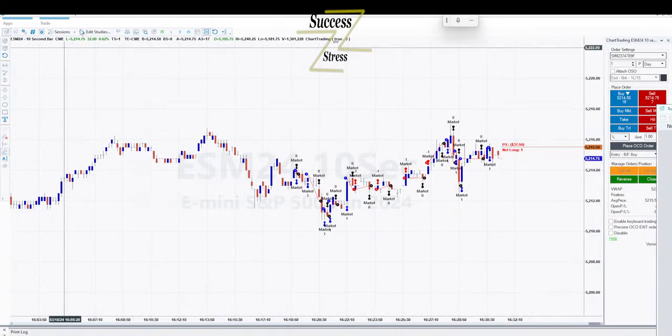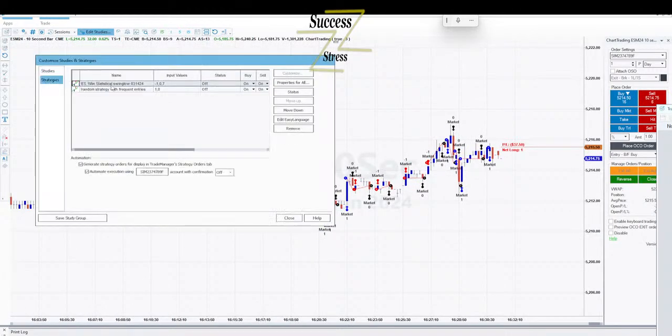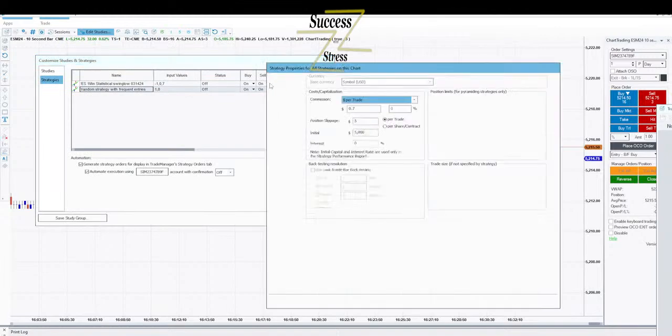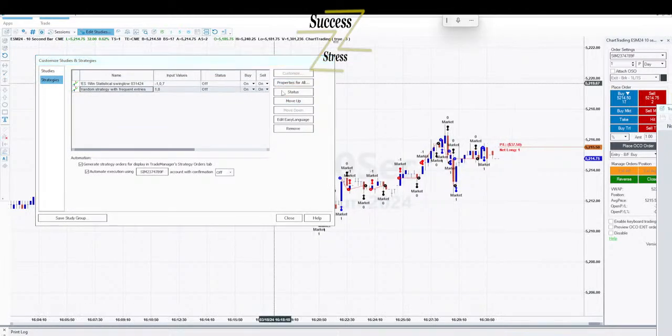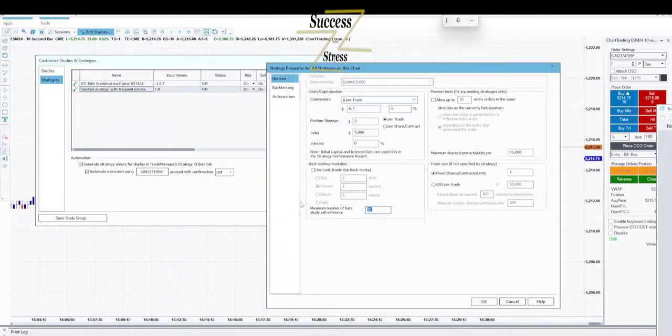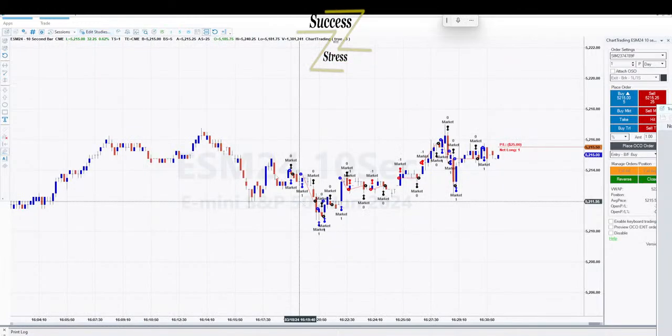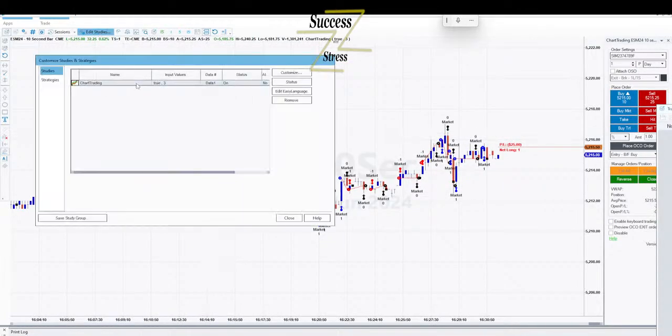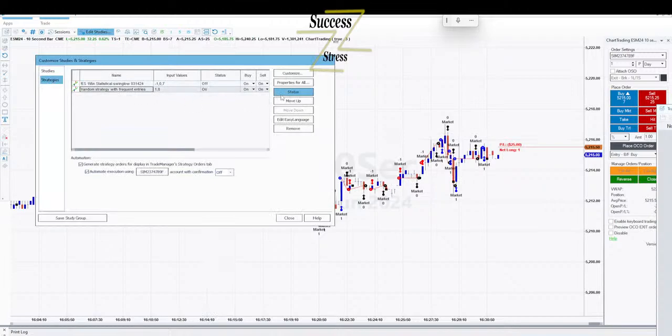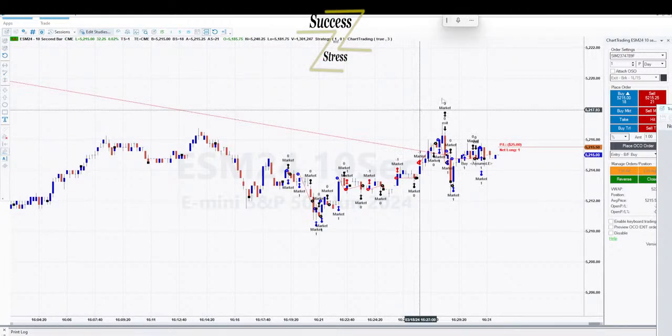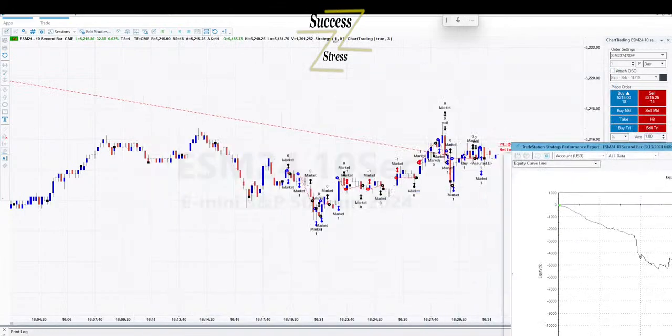Here, max bar is back. Let's change this to 200. 201. Have the max bar spec setting correct. All right, that one is not much better.